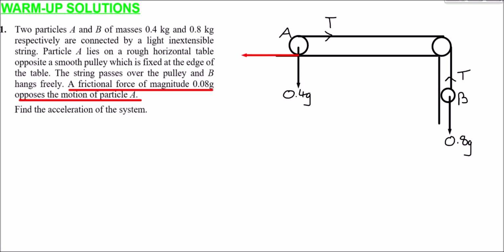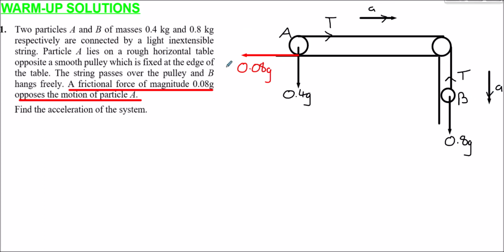That's better. Find the acceleration. Well, it's clear to see that this particle B is heavier than A. It's twice as massive. So the acceleration relative to A will be going this way, and relative to B will be going down. So it'll be the same magnitude, but different directions relative to A and to B.